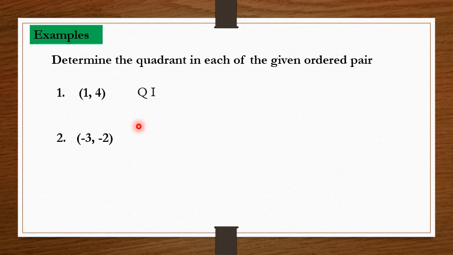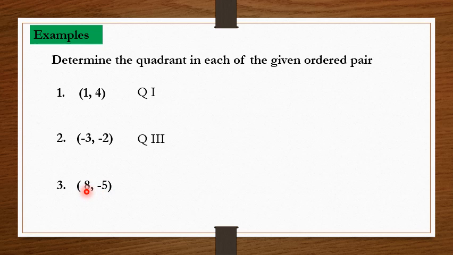Next, number 2. Negative 3 for x and negative 2 for y. It is both negative, therefore, the quadrant is 3. Number 3. Positive 8 and negative 5.